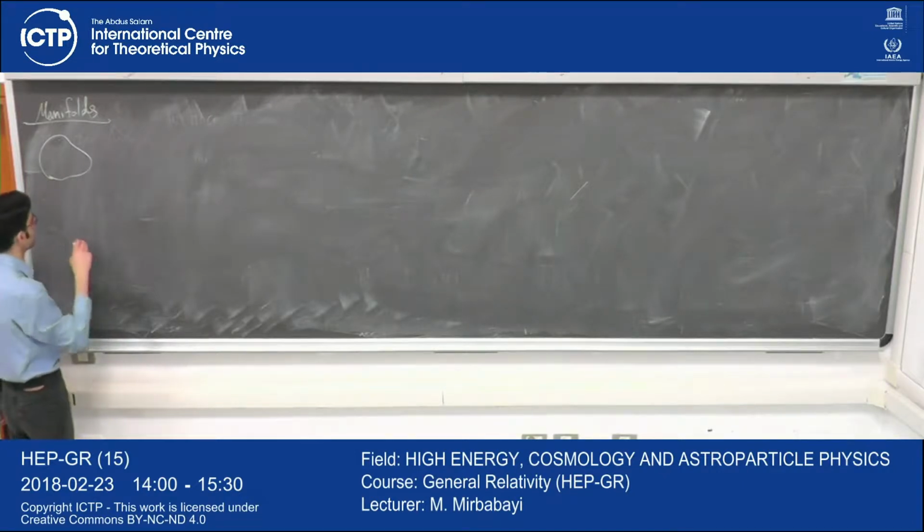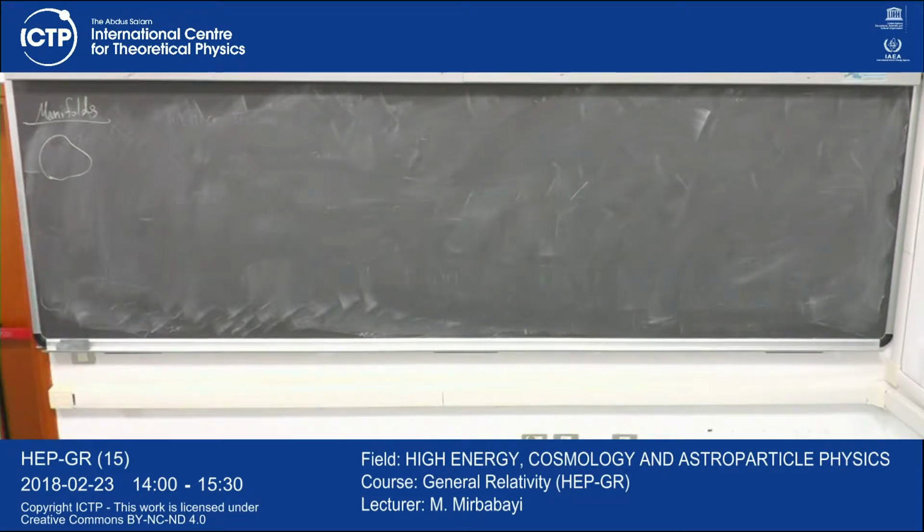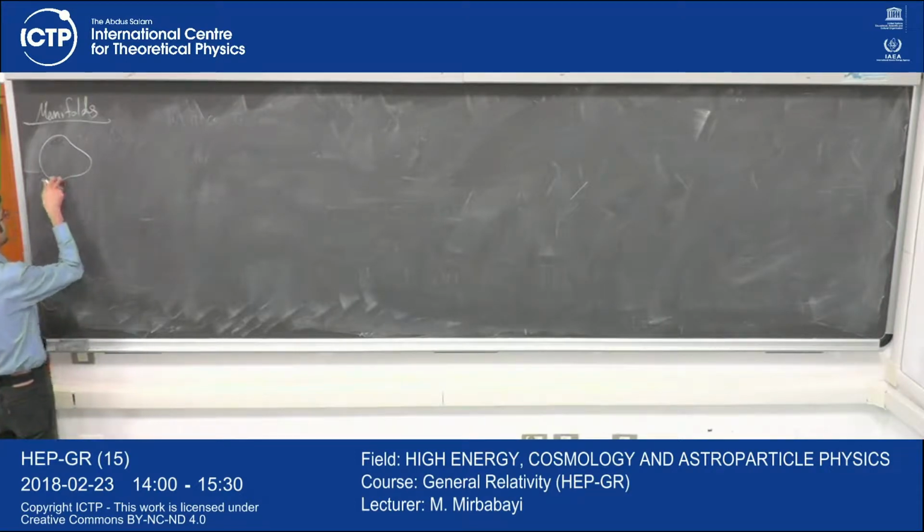And we want to try to generalize the notions that we have in flat space, in Euclidean geometry, as much as we can to the surface of this manifold, this potato.